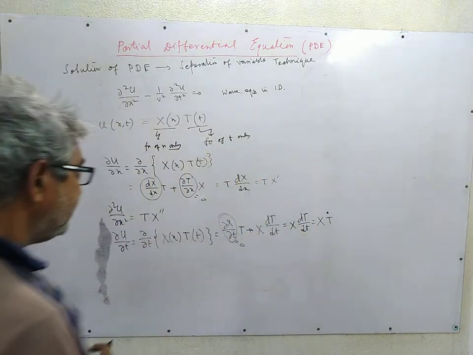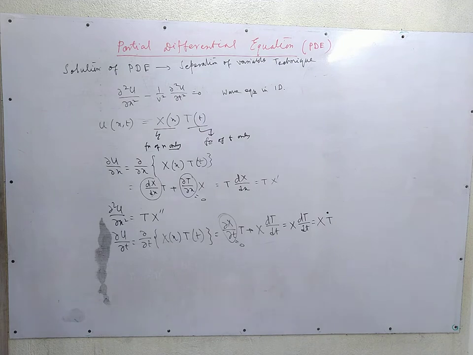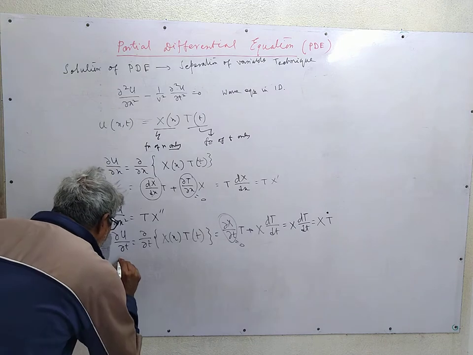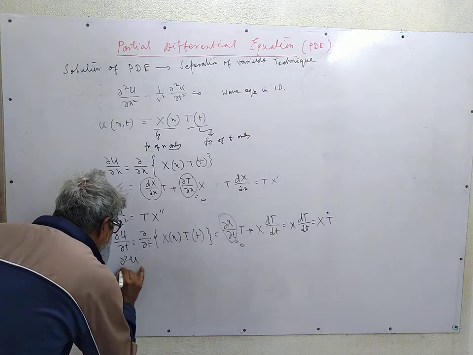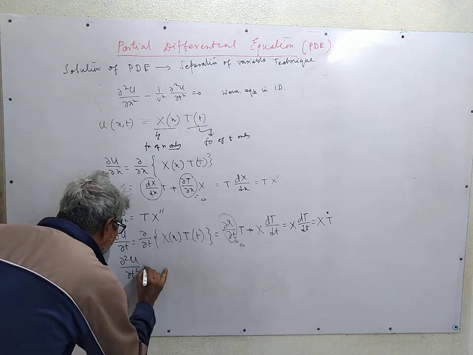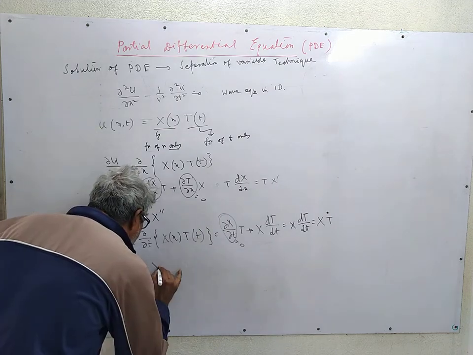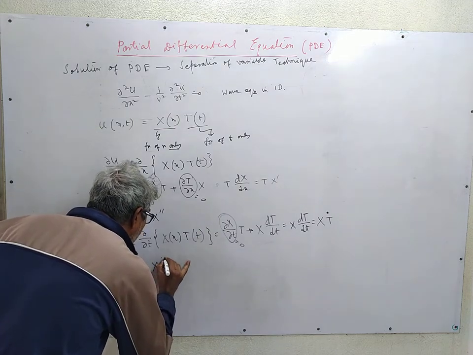Here we have used the convention dot to represent partial derivatives with respect to time and prime to represent derivatives with respect to space coordinates. So in this fashion we get del 2u del t2 is equal to X times T double dot.